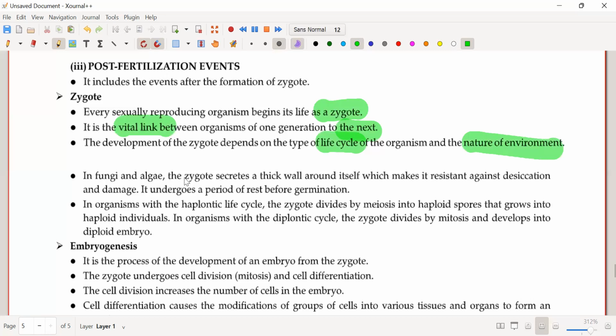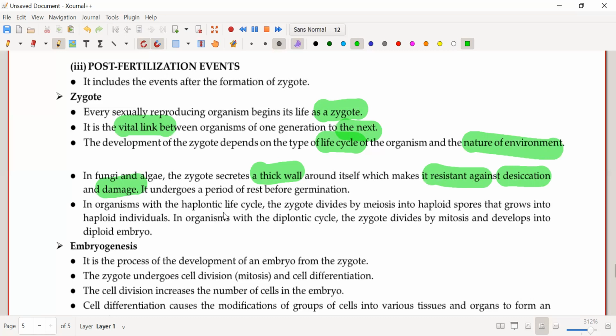In fungi and algae, the zygote secretes a thick wall around itself, which makes it resistant against desiccation and damage. It undergoes a period of rest before germination.